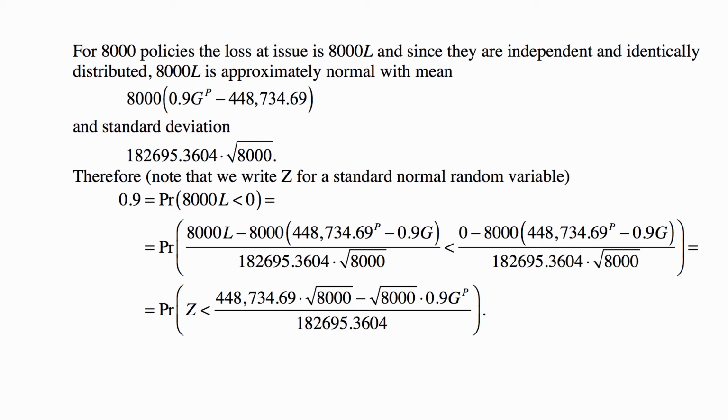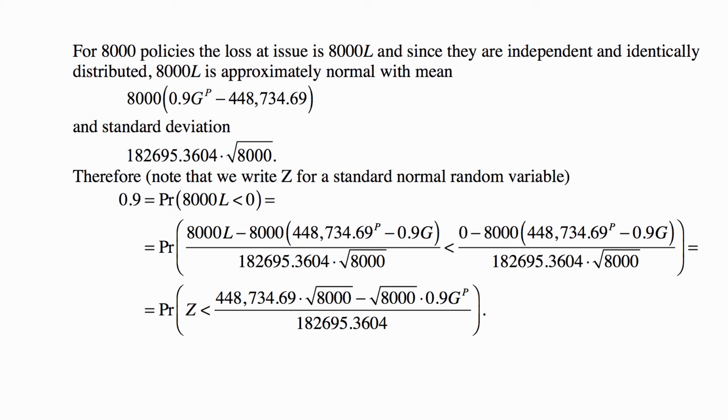So if we want 0.9 to be the probability that 8,000 L is less than 0, then that's the same as the probability that 8,000 L minus its mean, divided by standard deviation, is less than 0 minus the same thing, divided by the same thing.